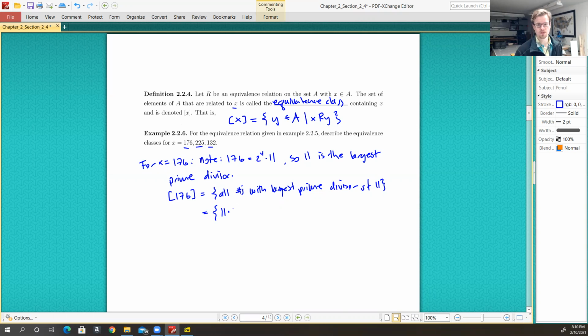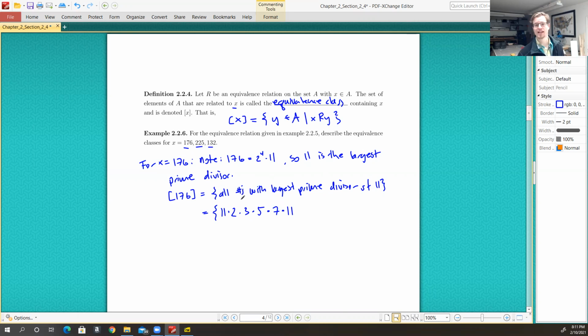Well, we have 2, 3, 4 is a product of 2 and 2, so it's not prime. 5, 6 is a product of 2 and 3, so it's not prime. 7, 8 is 2 cubed, 9 is 3 squared, 10 is 2 times 5, so 11 is the largest prime divisor that we're interested in. So any prime factorization of a number that belongs in here is going to contain these factors at most, but there could be any number of these factors.